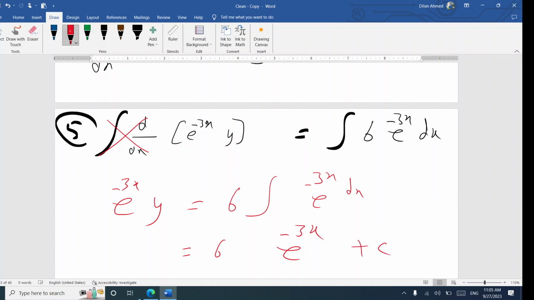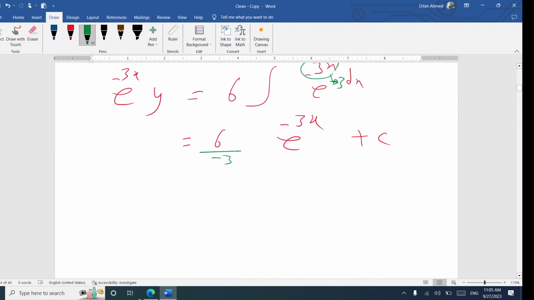But we need something: the derivative of the exponent should be here. The derivative is minus 3, so I want 1 over minus 3. So what did I get? I got e to power minus 3x y equals minus 2 e to power minus 3x plus c.